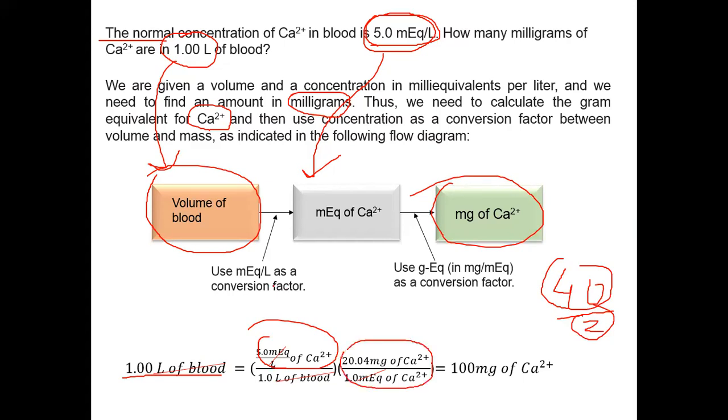This is the gram equivalent of calcium. So we know milliequivalent, so we know gram equivalent. Then we can find that it's going to be 100 milligrams of calcium 2+ in 1 liter of blood.